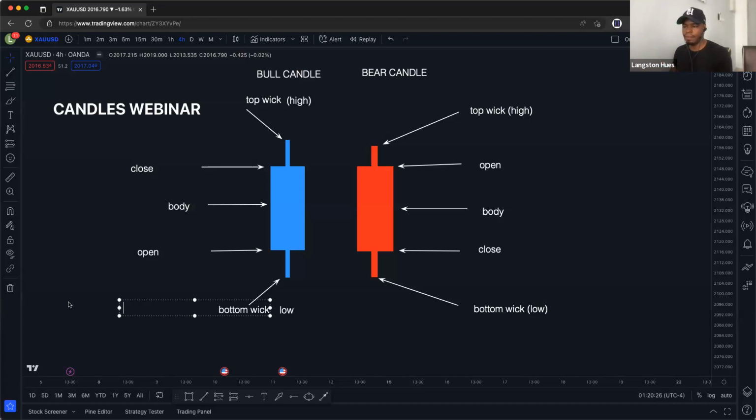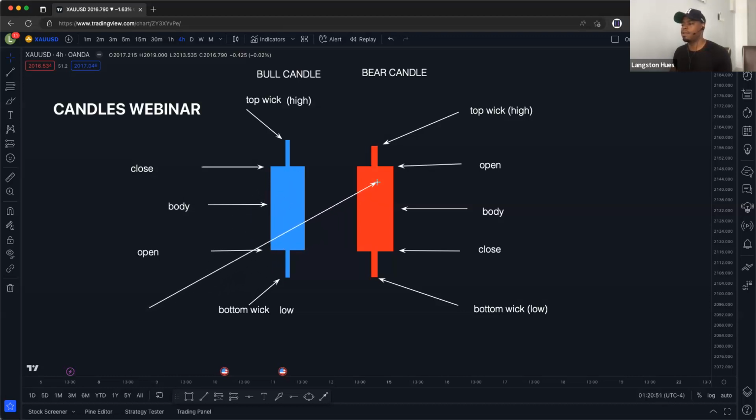So when we have a candle that is opening at the bottom like this, so it opened up here and then it closed at the top, that's a bullish candle. And you choose your color. It can be blue, it can be purple, it can be green. But traditionally it's usually blue for the bullish candle.